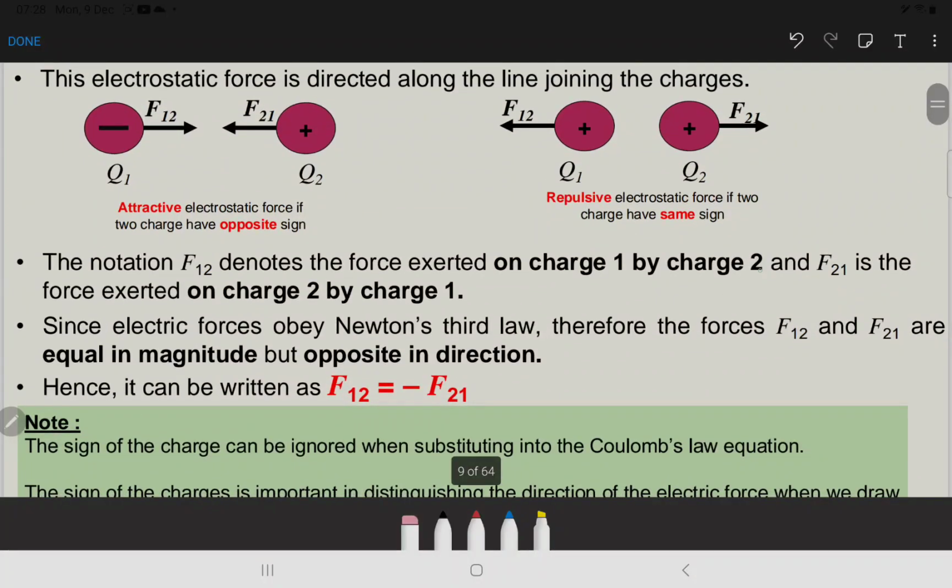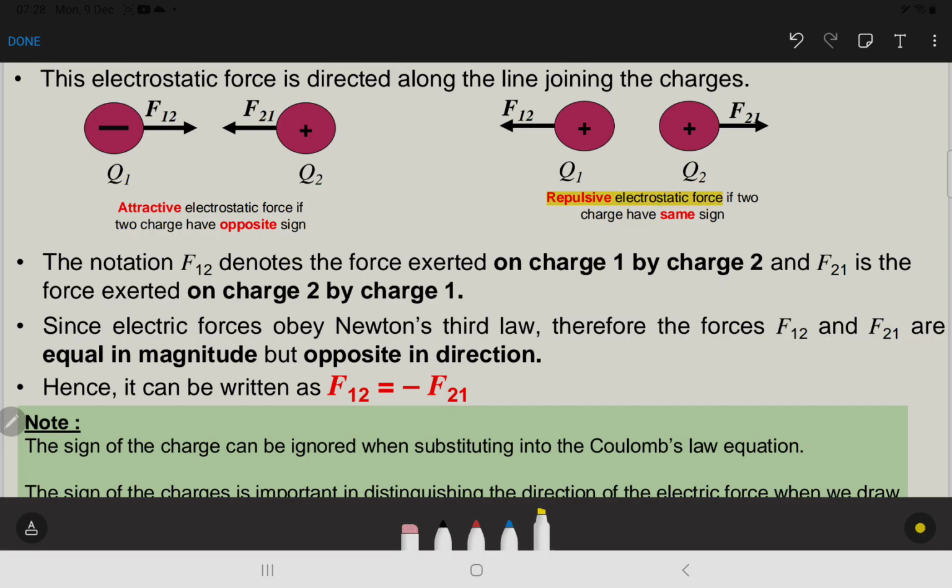So the thing you need to remember over here is how we label. For example, if you have positive and positive, you will have a repulsive force, that means it will repel.